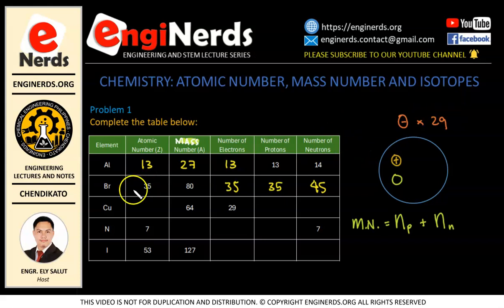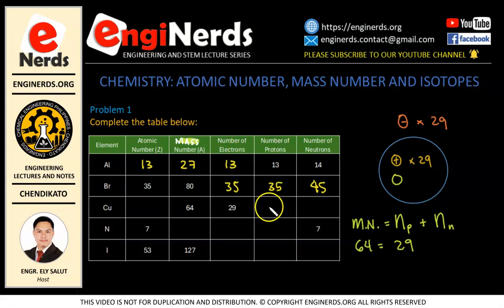Okay, so for neutral copper, we know that the number of electrons is equal to the number of protons. So that means if we have 29 electrons outside, we also have 29 protons inside our nucleus. So we know that protons is equal to 29, right? So let us use that. Our mass number is equal to 64. Our number of protons is equal to 29. By the way, let me write that in our table.